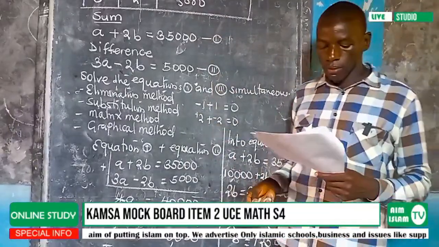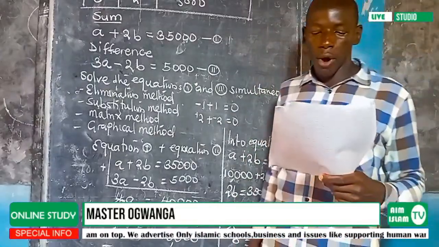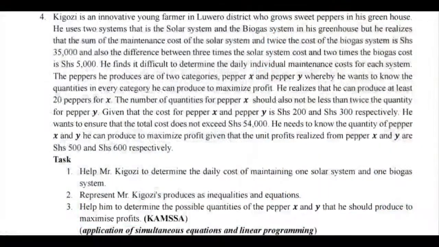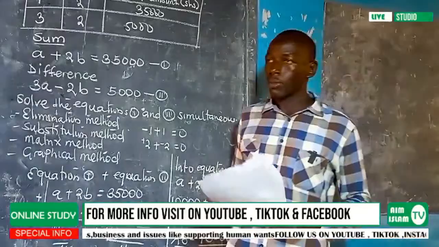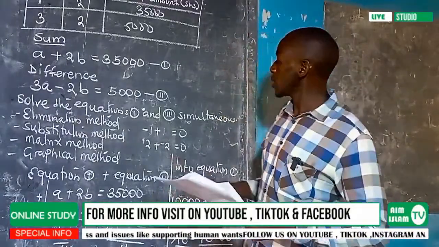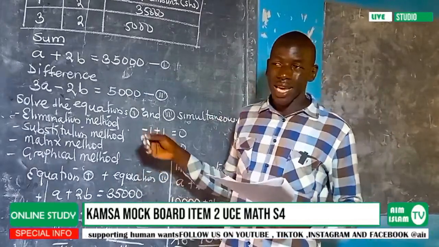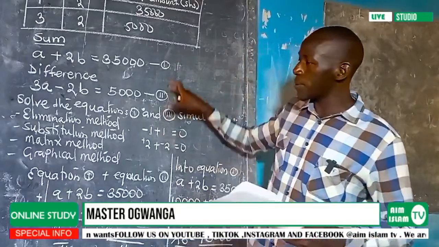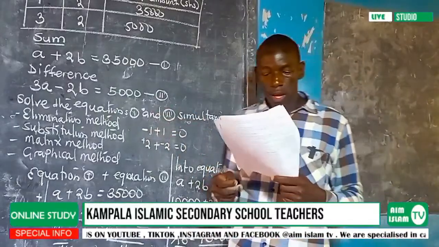So on part 2, they are telling us to represent Mr. Gozzi's produce as inequalities and equations. Last time we said that when you talk about inequalities, here means we are going to look at linear programming, whereby in linear programming or inequalities, we use the signs. So in the part where we stopped from part 1, we look at part 2 from where part 1 ended.